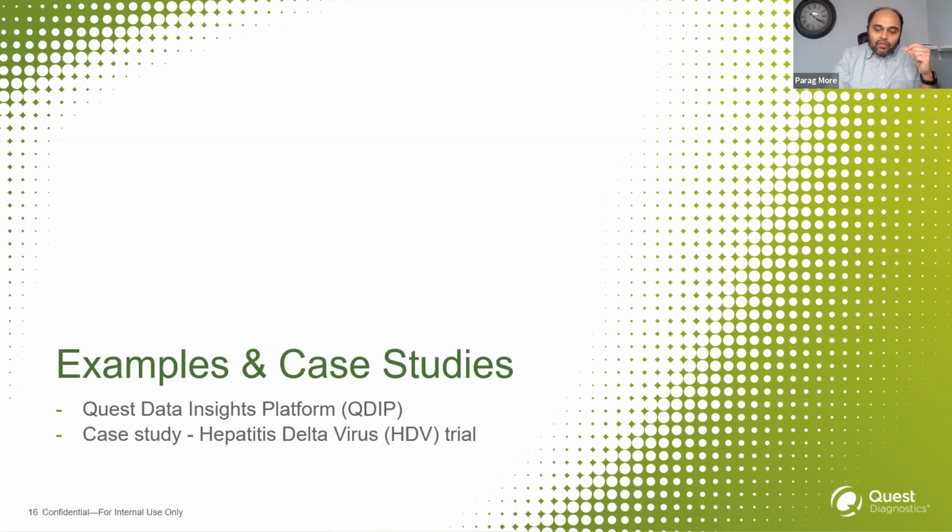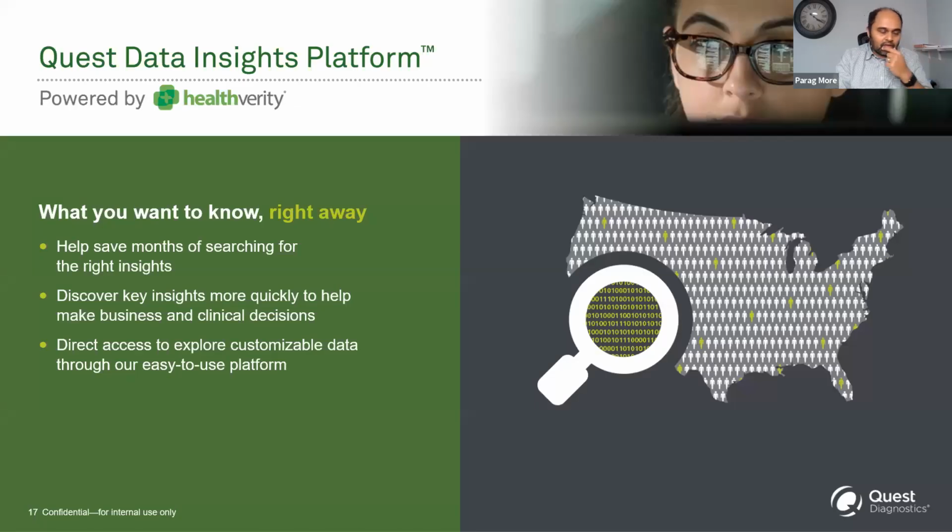So the first example that we want to talk about is through a platform that we have co-developed with Health Verity. Some of you may be aware. Health Verity provides identity, privacy, and governance environment in a privacy compliant way for aggregating the data, tokenizing the data, and aggregating that and merging with third-party data sources.